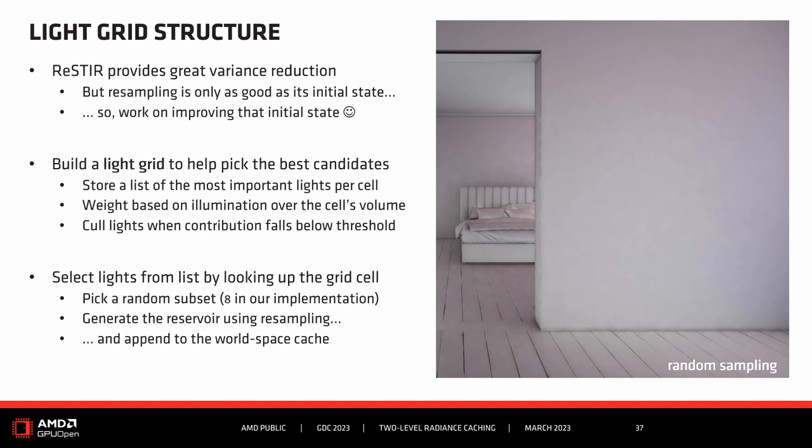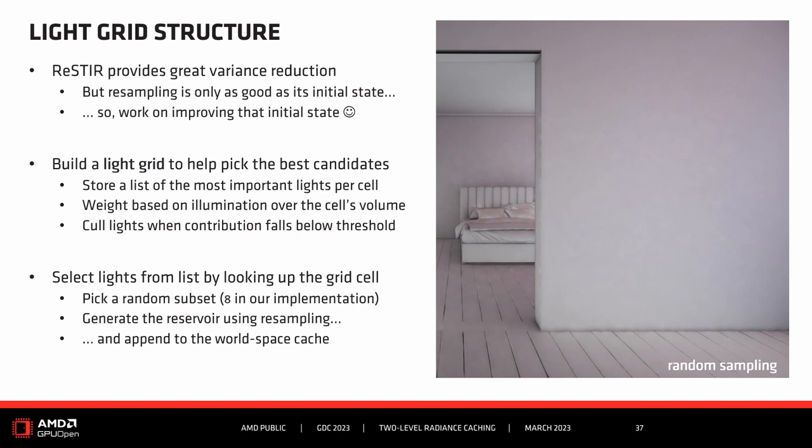And every cell of the light grid simply stores a list of the most important lights for that particular cell, for that particular area. This is calculated by weighting every sample based on the illumination they cast over the cell's volume. And we cull the lights when the contribution falls below a certain threshold.